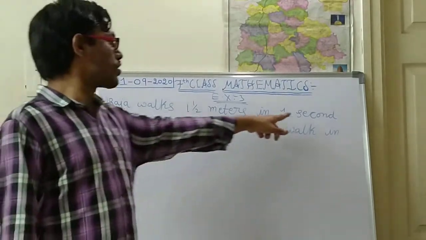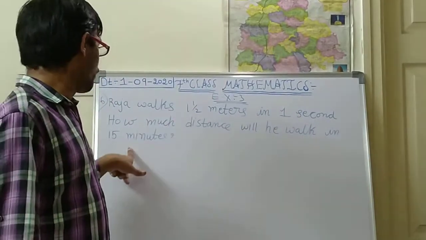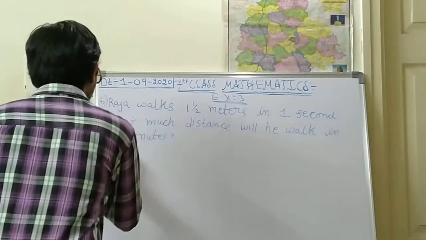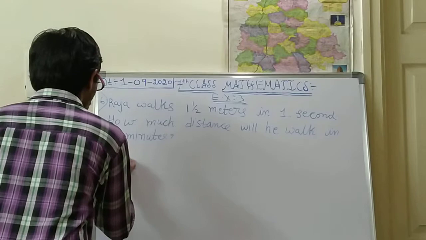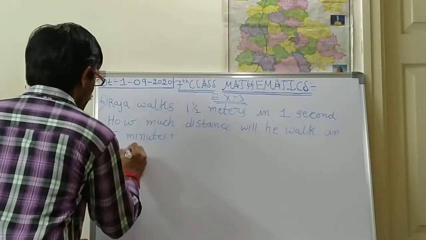So 15 minutes. So in 1 second, if he walks 1.5 meters, in 15 minutes how much distance will he walk, that we should find out. Okay. So first what we have to write?